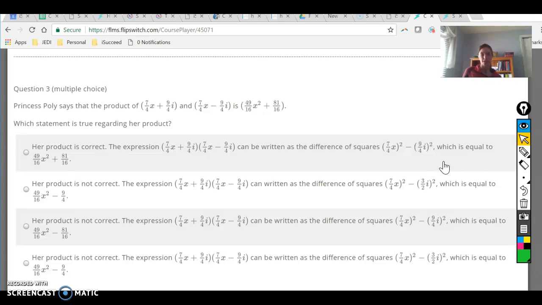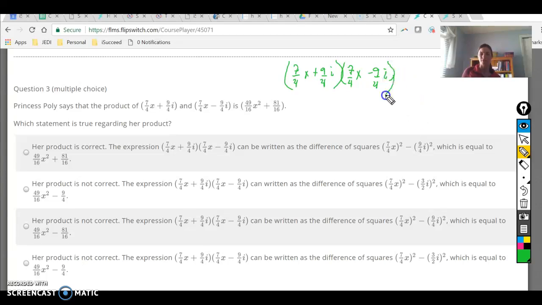But we are dealing with i values, and so i squared is negative 1. That's going to change things around just a little bit. So let's work through this. I've got 7/4 x plus 9/4 i times 7/4 x minus 9/4 i.